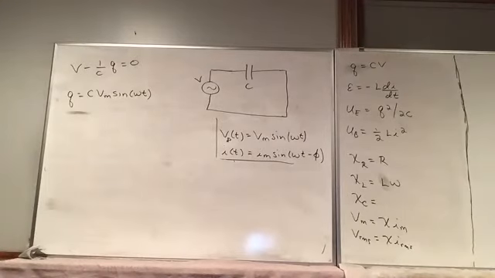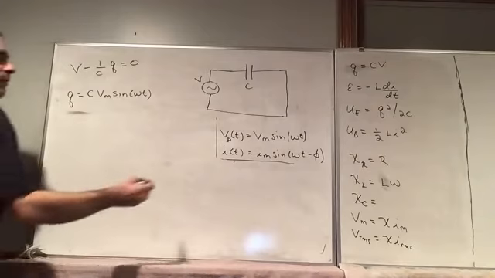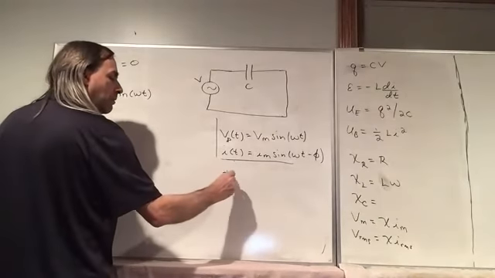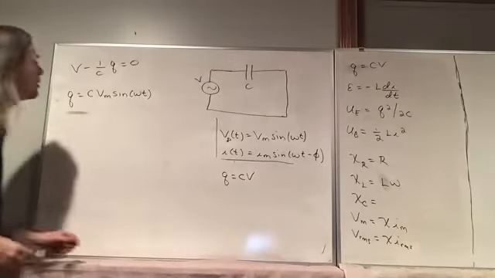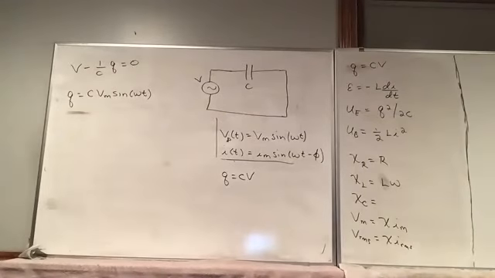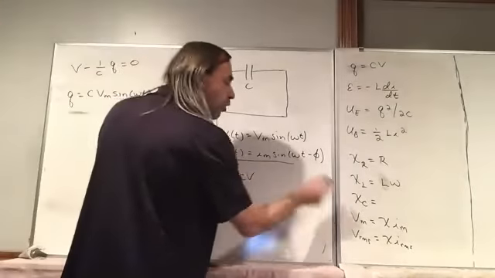So yeah, we have V. The loop rule looks good. The voltage across a capacitor. Oh wait, I think yeah, for a capacitor, voltage is 1/C times Q. That part's good. So yeah, let's think in terms of Ohm's law.